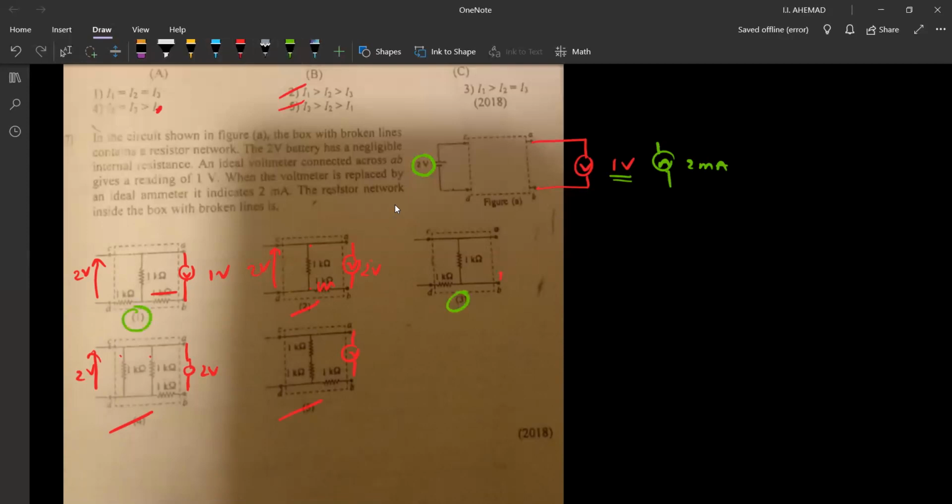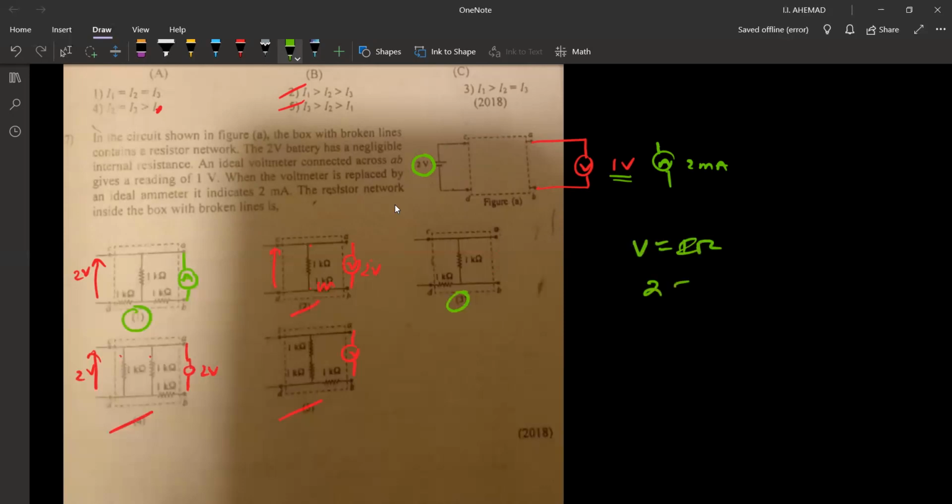Now let's connect the ammeter. If I connect the ammeter, what is the equivalent resistance here? These two together make 1.5. So the total current here: V equals IR.